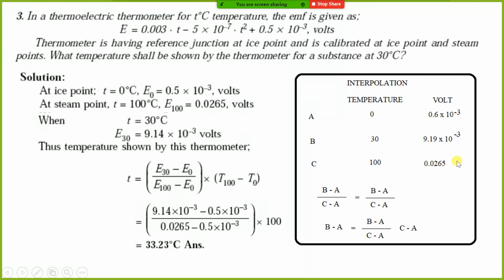On the left hand side I am writing the formula B minus A upon C minus A. On the right hand side I am also writing the formula B minus A upon C minus A. On the left hand side I will put the values of temperature. On the right hand side I will put the values of volts. Now B is 30, A is 0, C is 100.